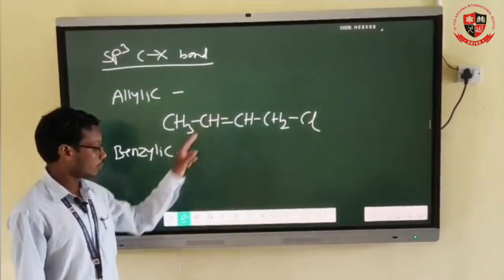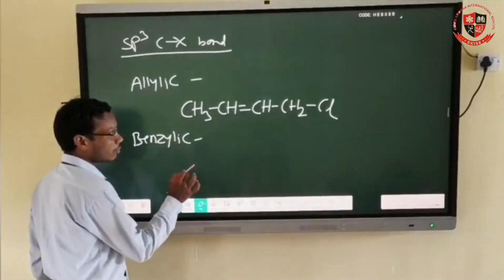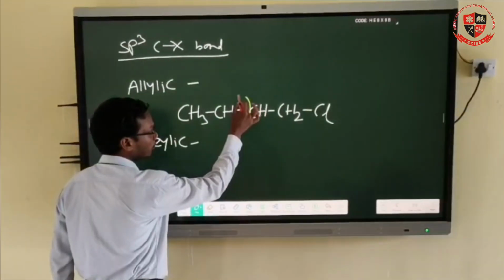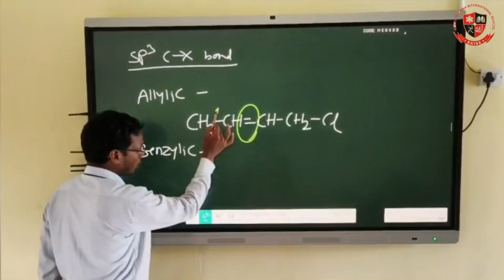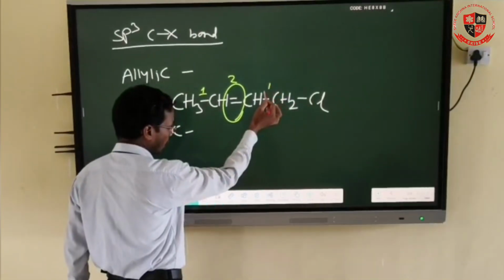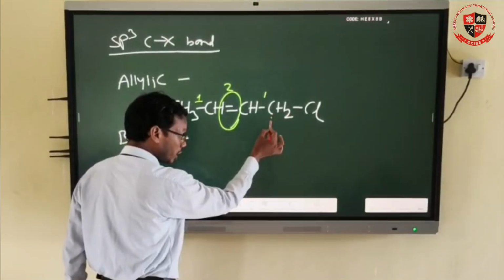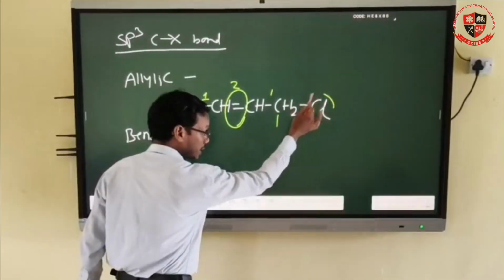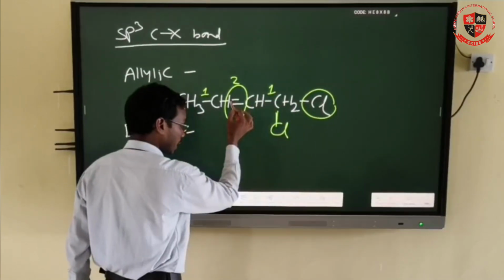Now we have to consider the double bond. If in your naming there is a double bond, we have to take the double bond first. Now mark the double bond. From the left it is position 1 and 2. From the right also it is 1 and 2. We cannot consider the CH because it is bonded with chlorine. So this is the first position and this is the second position.